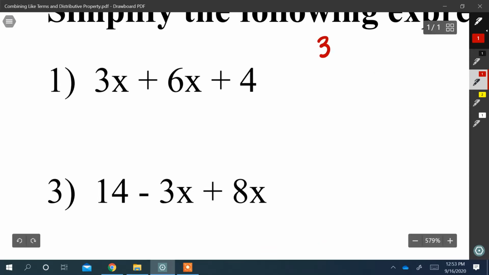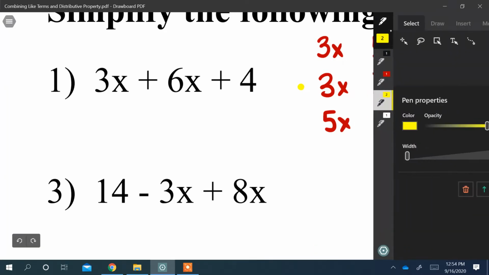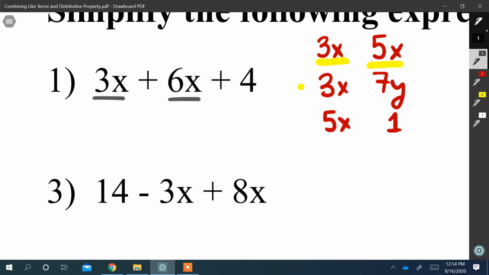For example, 3x and 5x look alike. 3x and 7y do not look alike. 5x and 1, those do not look alike. The ones that look alike are 3x and 5x. So if we have 3x plus 6x, we're going to combine those together.